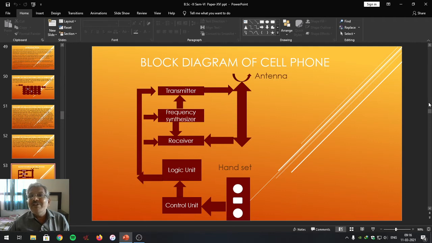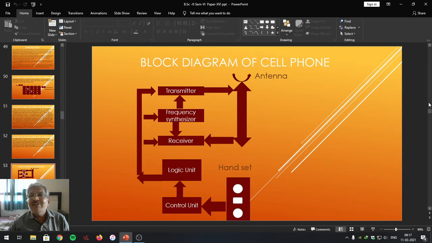In the last period, we studied the concept of cell, how it is going to be formulated and its operation. The reason why mobile phone is also called as cell phone or cellular phone.